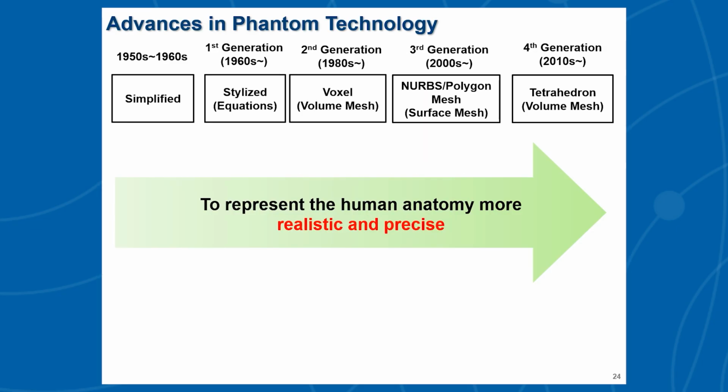Meanwhile, phantom technology in the world has advanced via the second generation of voxel phantoms toward the third generation of phantoms based on tetrahedral mesh, in order to represent human anatomy more realistically and precisely.